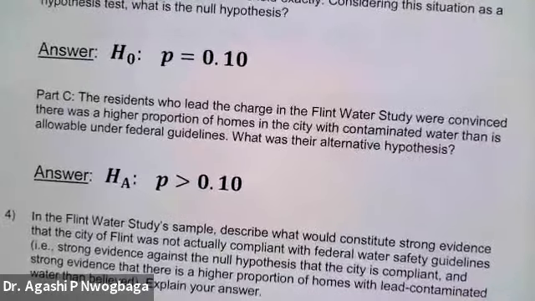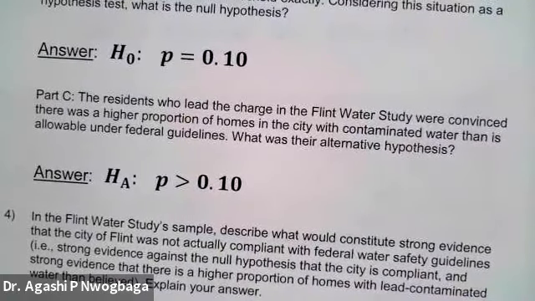Number 4. In the Flint water study sample, describe what would constitute strong evidence that the city of Flint was not actually compliant with federal water safety regulations. That is, strong evidence against the null hypothesis that the city is compliant, and strong evidence that there is a higher proportion of homes with lead contaminated water than believed. Explain your answer.